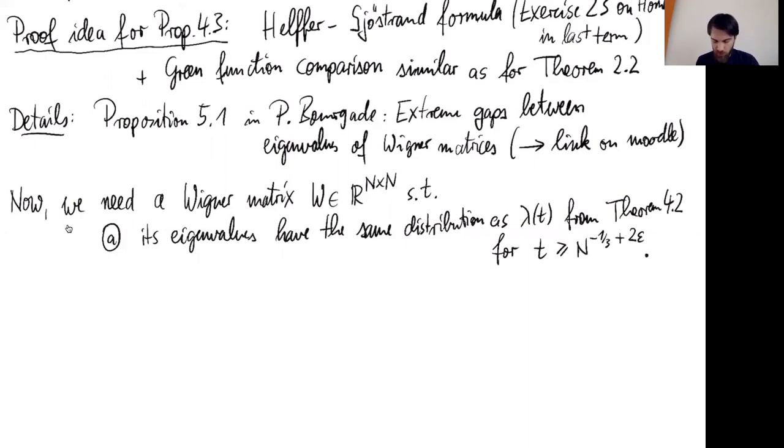That's one condition, because then we know that the lambda t eigenvalues are very close to the eigenvalues of a GOE. So these ones we will understand.